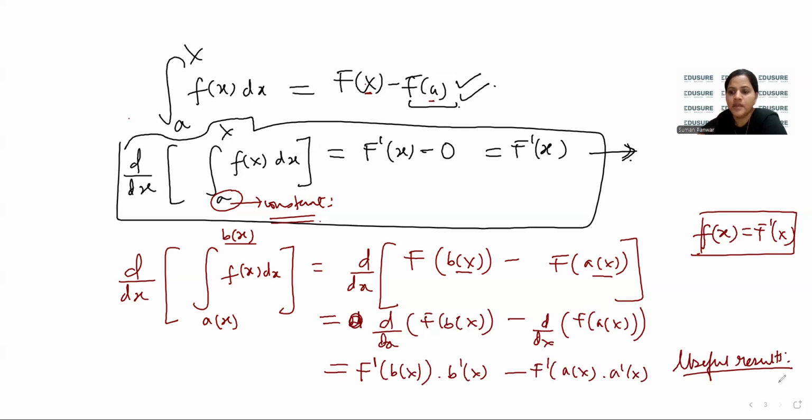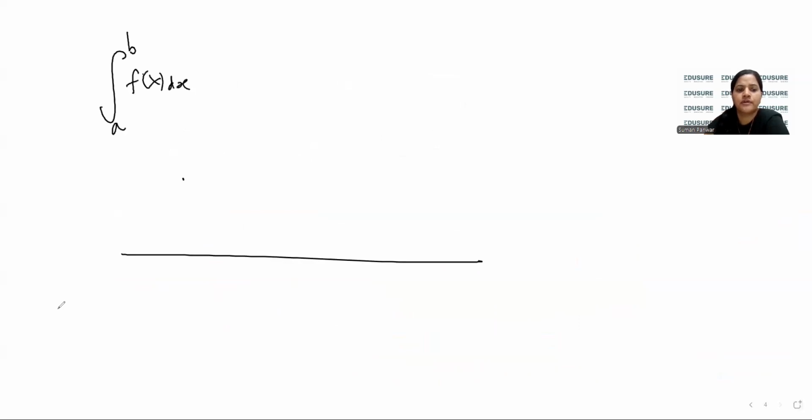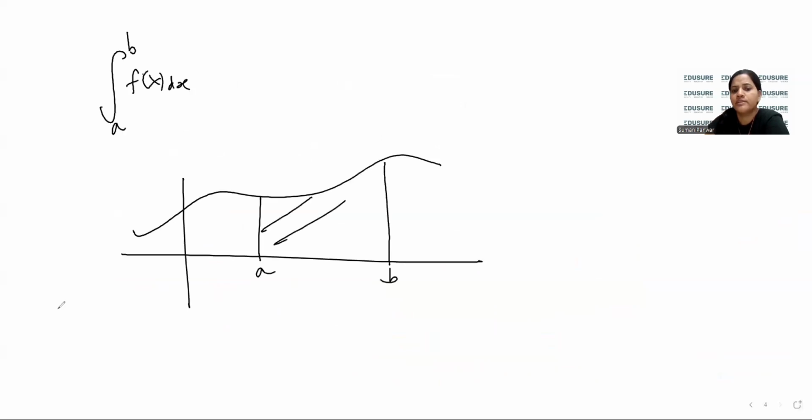Okay. Now suppose we need to find the integral from a to b of f of x dx. How do we make a graph? This is a, this is b, and we want to find this area. And now suppose I have a point C over here.